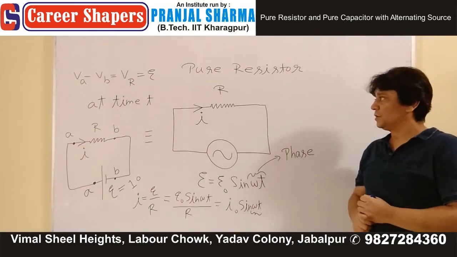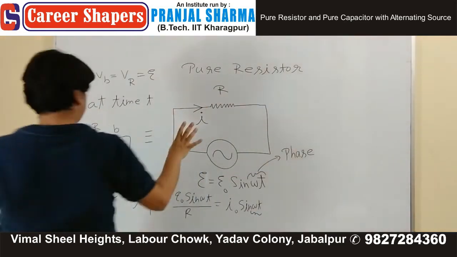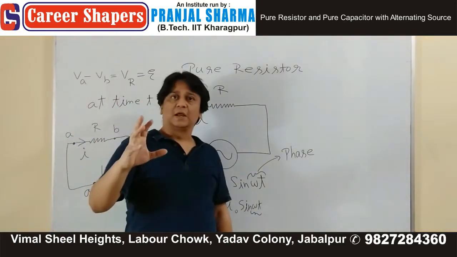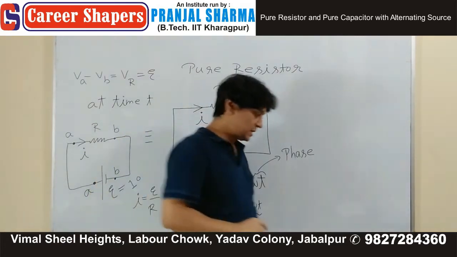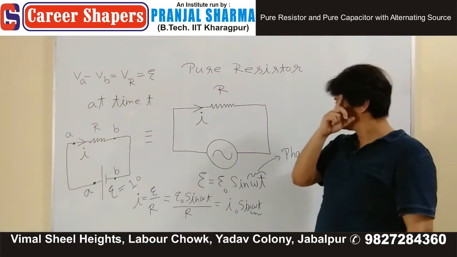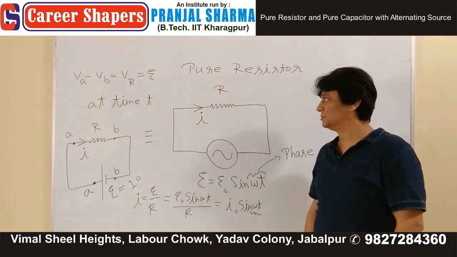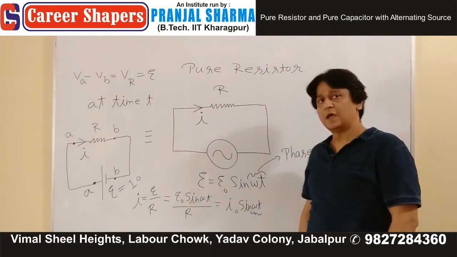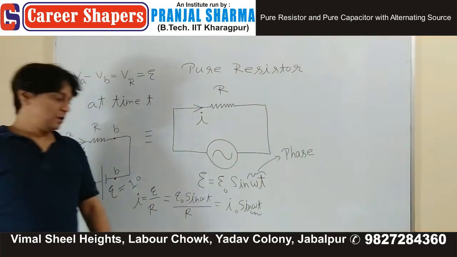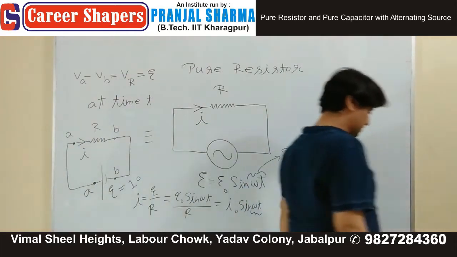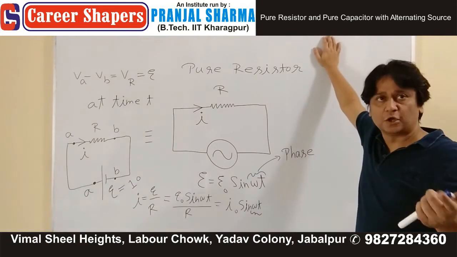Right now, when you say both potential difference and current are in same phase, in terms of current and potential difference, it means what? Write down that. Having same phase means when potential difference is 0, current is also 0.